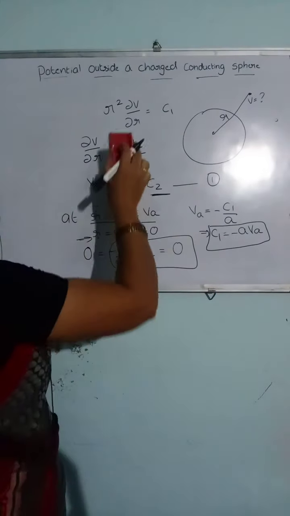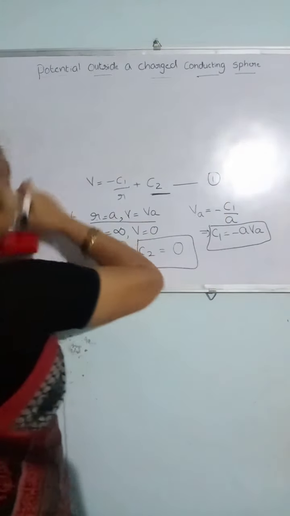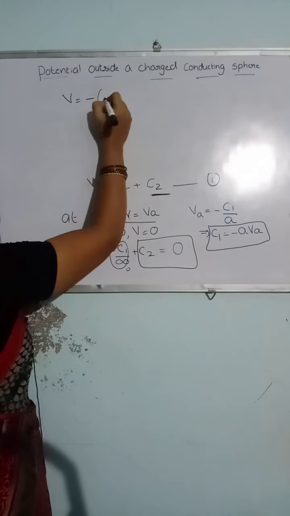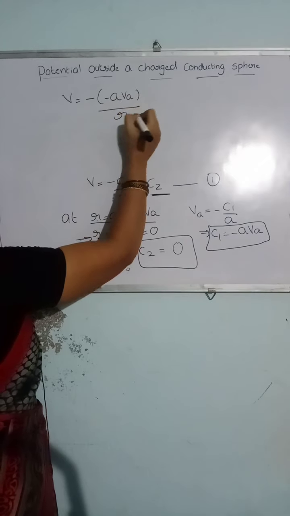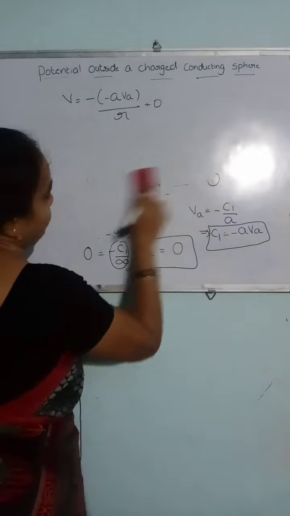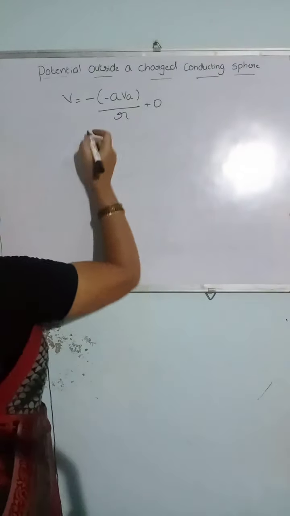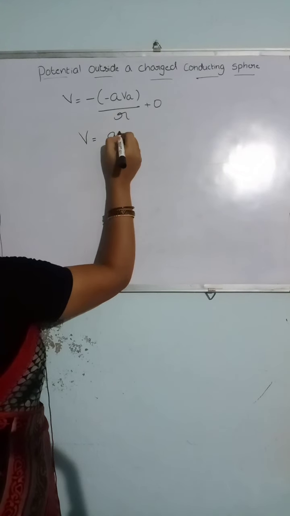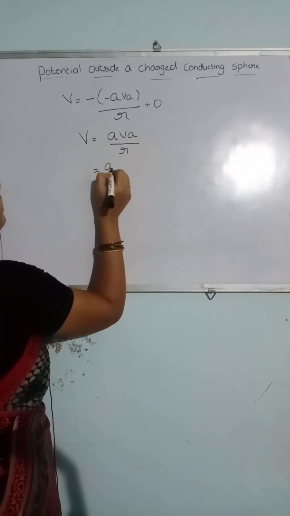Then the potential will be converted as V is equal to minus c1, that is a into VA by r, plus 0. Then V is equal to a VA by r.